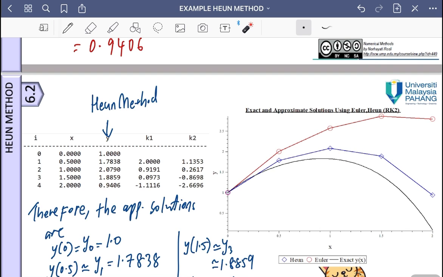You may see that in terms of accuracy, the Heun method is much better compared to the Euler method, because it is closer to the exact solution. That is why RK2 improves the approximate solution obtained by the Euler method. Okay, so I stop here. Next we will discuss the midpoint method. Thank you for your attention.